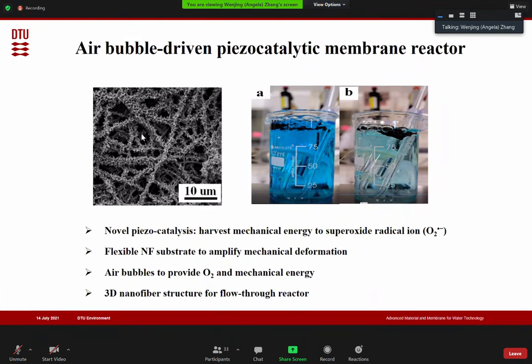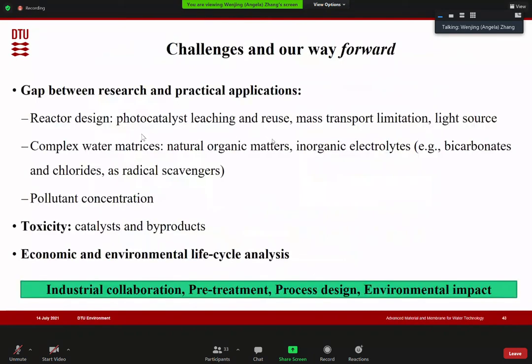And in the end, we also still have the 3D nanofiber structure. So right now we have an ongoing experiment trying to see whether we can have flow-through reactors, to further enhance the efficiency of such water treatment technology.